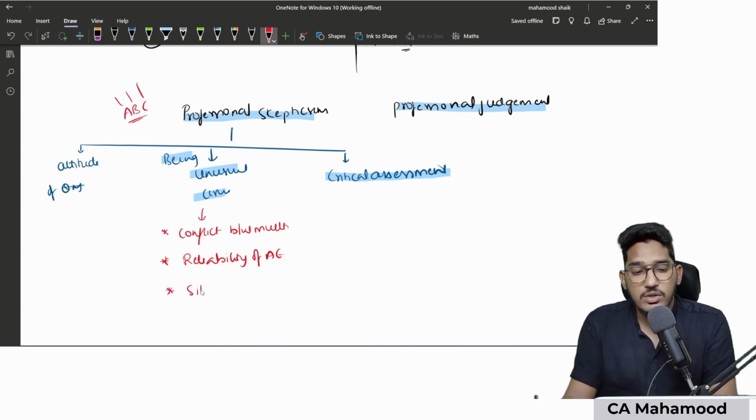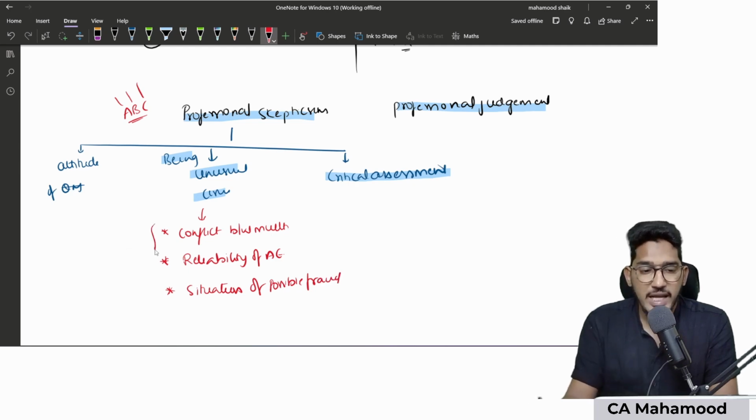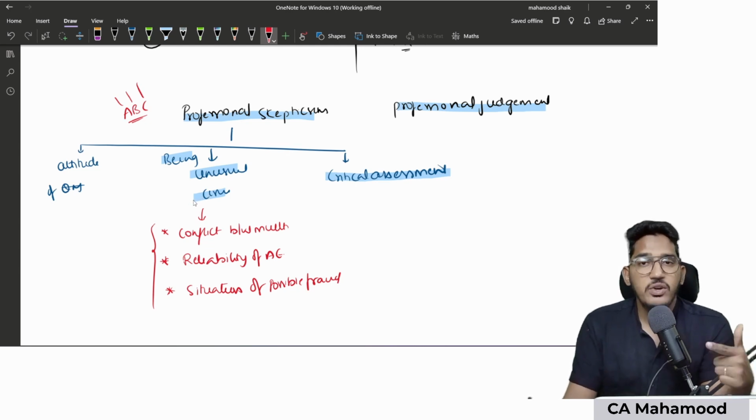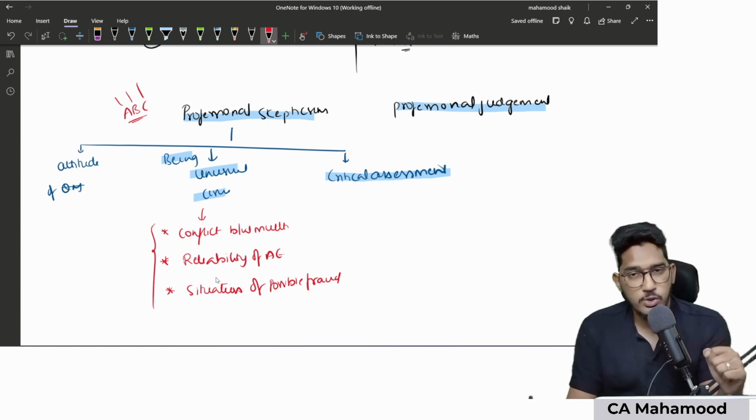Similarly, if you come across any situations of possible fraud, to these circumstances also you should remain alert. So three examples of unusual circumstances: when you have conflicts between multiple audit evidences, when you have doubts regarding reliability of audit evidences, and whenever you come across situations of possible fraud.